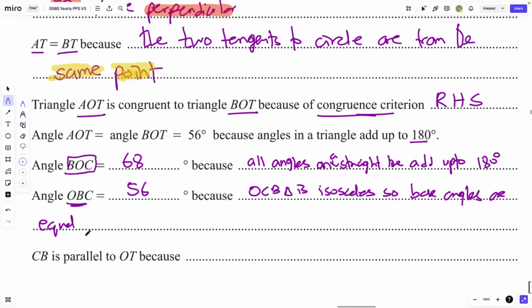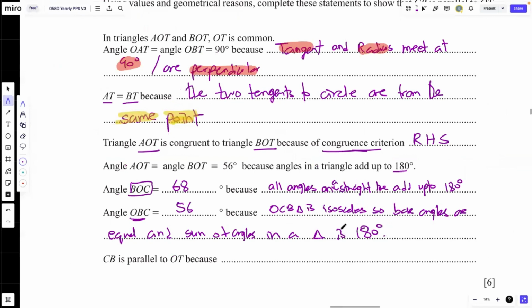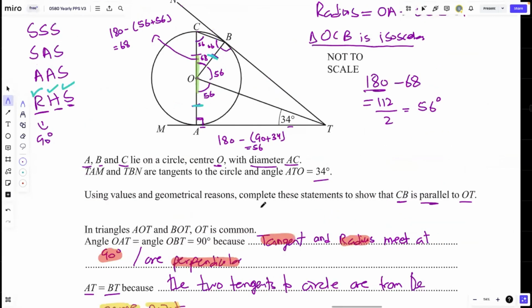That's one reason why the other two angles are 56. And sum of angles in a triangle is 180. That's the reason why we subtracted from 180.